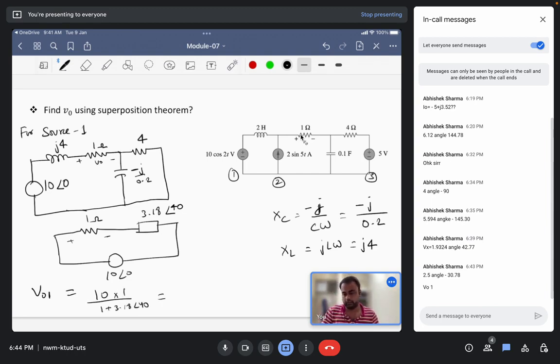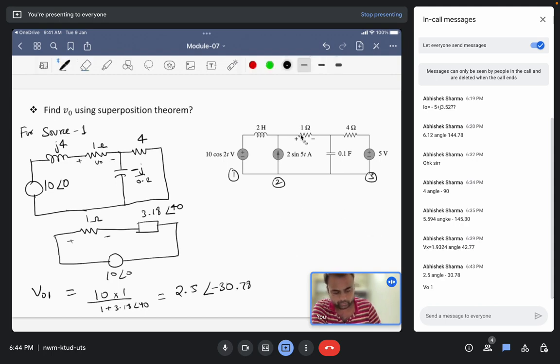So 10 divided by 1 plus the answer, this is 2.5 angle minus 30.78. So this is V0 1. Yes, V0 1 is correct for Abhishek. Good. So I will just clear everything and write the value: V0 1 is equal to 2.5 angle minus 30.78.